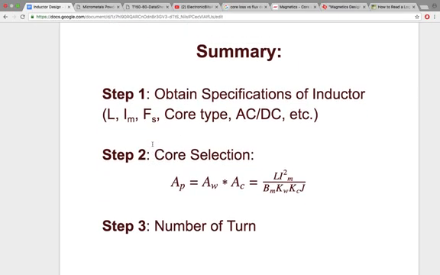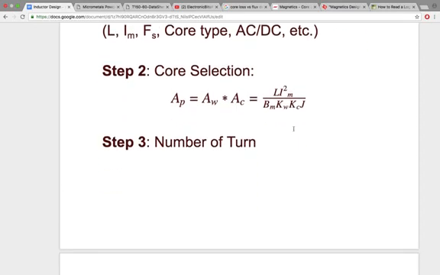First step is, of course, we have to know the inductor specifications, these details, and then we have to select the core. From here onward, I'll be taking the area product formula for finding the core, so that the graph for finding the core is easier. One can follow it very easily. So we'll take up the area product formula.